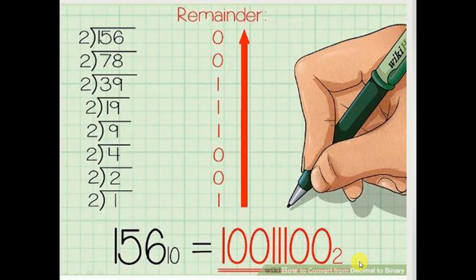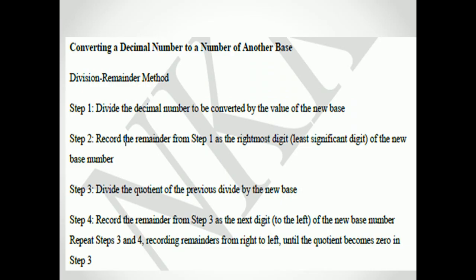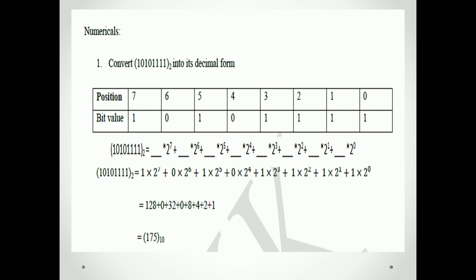So this is how you convert a decimal number into binary form. Binary to decimal, you have to multiply; decimal to binary, you have to divide. The process is a little different, but you have to understand the difference.